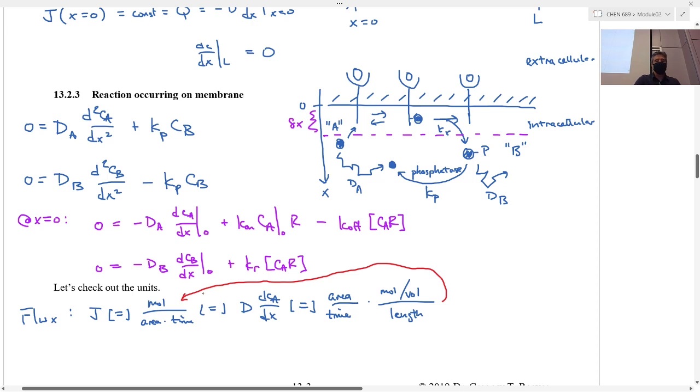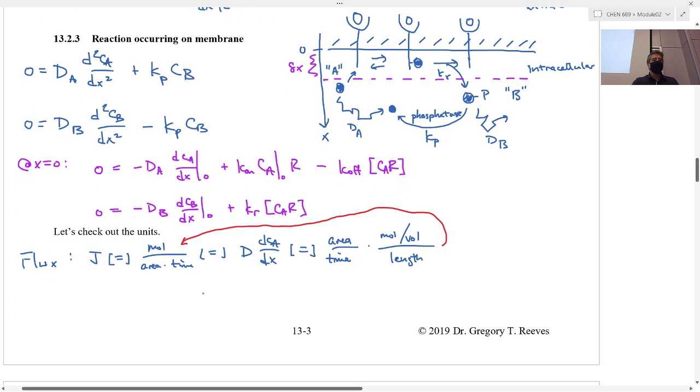Okay, what about these other two terms in the boundary? So K on times Ca times R. We have a second order reaction. We have K on times Ca, which is evaluated at x equals 0, times R. Now this K on is a second order rate constant. So it has units of 1 over time times concentration, or moles per volume.